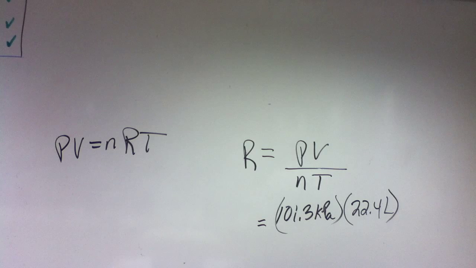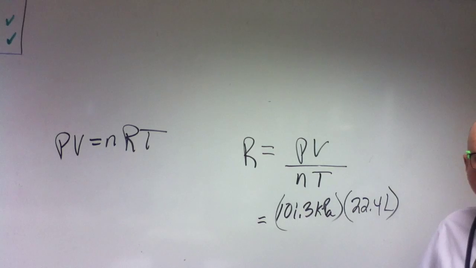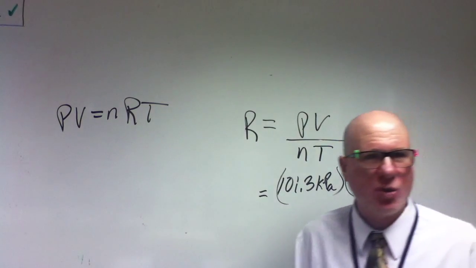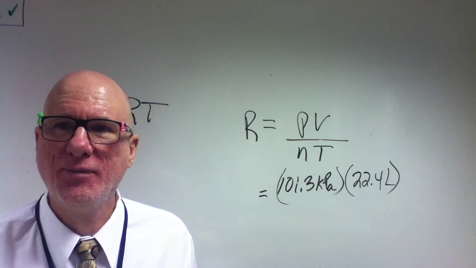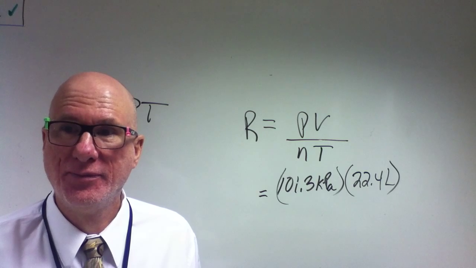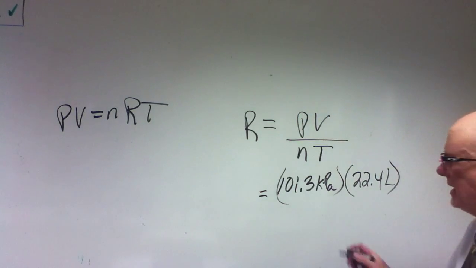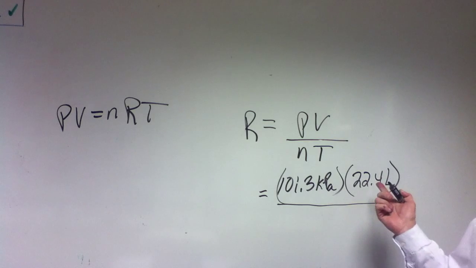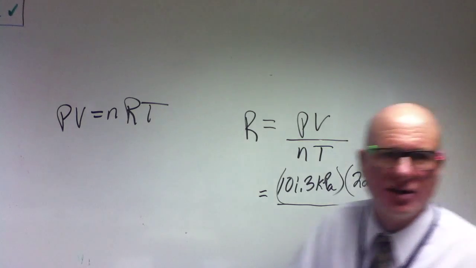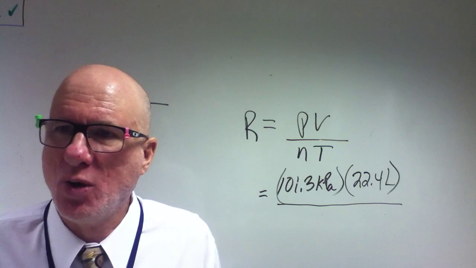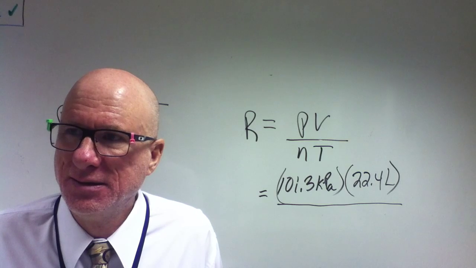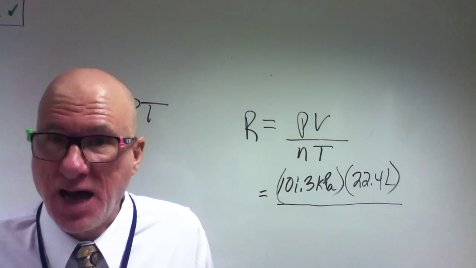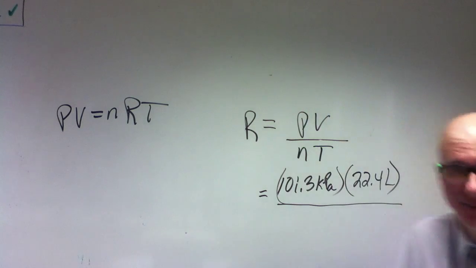And what is 22.4? You were very quick to say that the volume is 22.4. But in reality, what quantity is 22.4? Anybody know? One what? 1 mole. Where else would you get 22.4? When you see the volume 22.4, don't you automatically think mole? 1 mole of any gas at STP is going to have a volume of 22.4 liters, right?